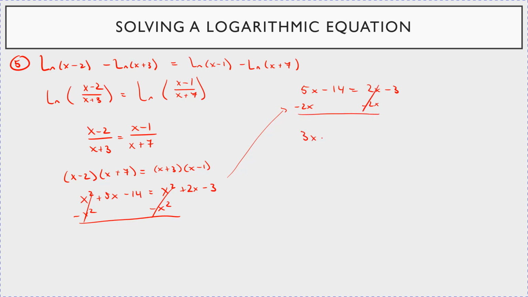So you have 3x minus 14 is equal to minus 3. Add 14 to each side. And then just divide by 3. And your solution is 11/3 here. And you can plug that in, and at no point would you get a negative within the log, and you got it.